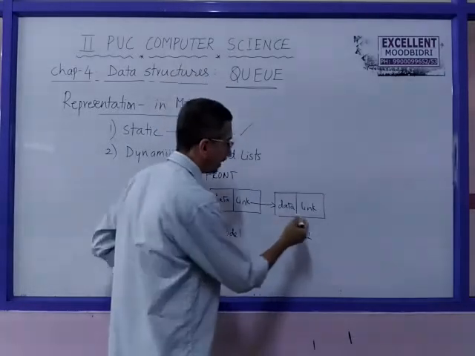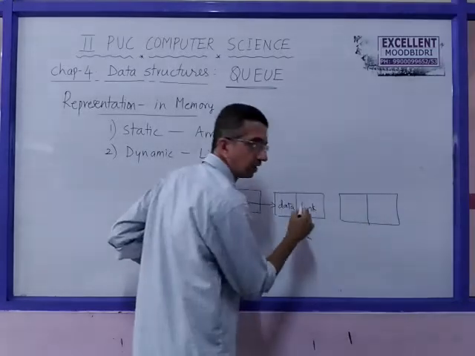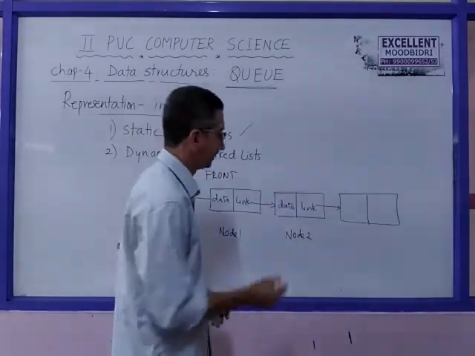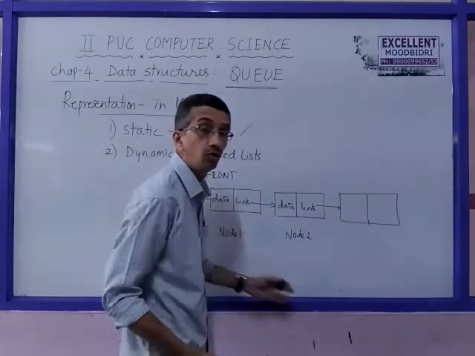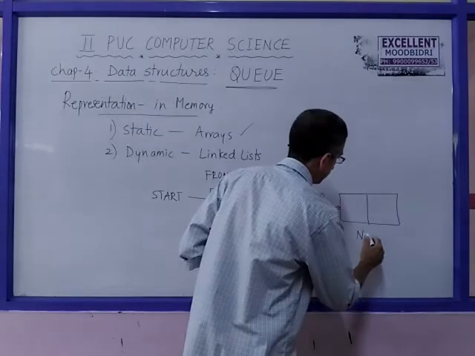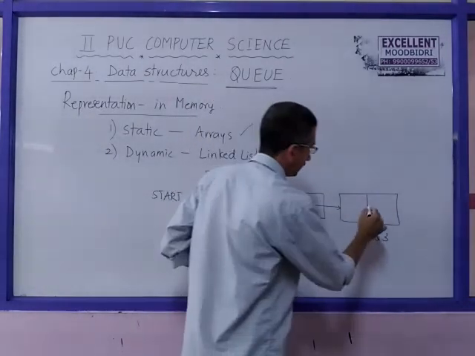Okay. So inserting one more item will be creating one more node and attaching it to the last node like this. How to attach nodes, everything we will see later. Anyway, the new nodes are inserted at the rear end, node 3 like this. This is the last node. Anyway, this is null.